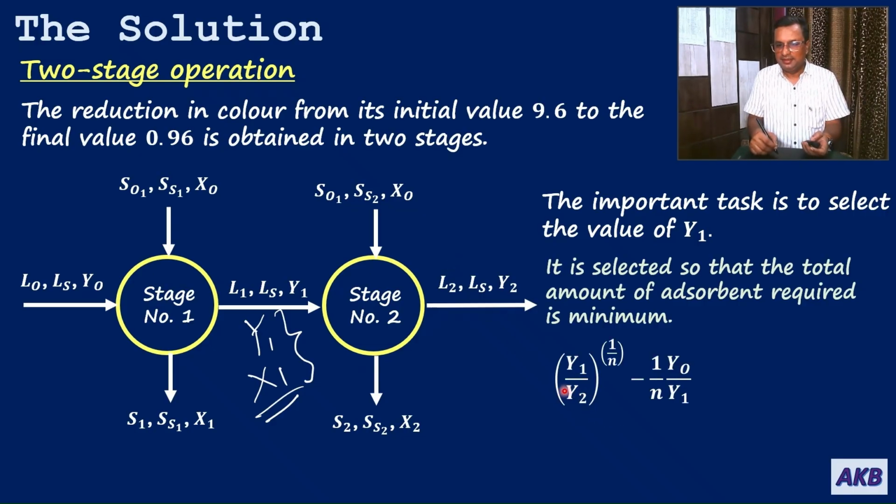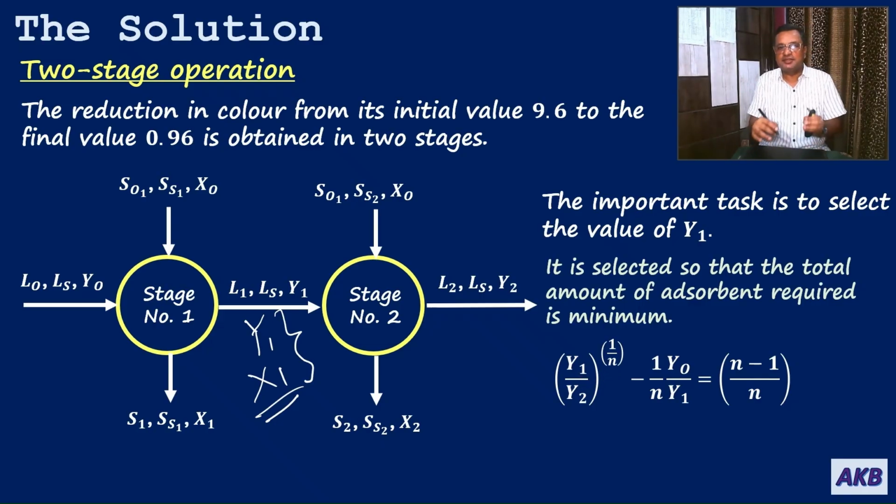Let us move ahead. Now, as I said, I will be using this equation. I had derived it in the previous video lecture. So (Y1 by Y2) raised to 1/n, minus (1/n) into (Y0 upon Y1), that is equal to (n minus 1) upon n. So in this case, n is known to us, Y2 is known to us, Y0 is known to us. The only unknown is Y1.